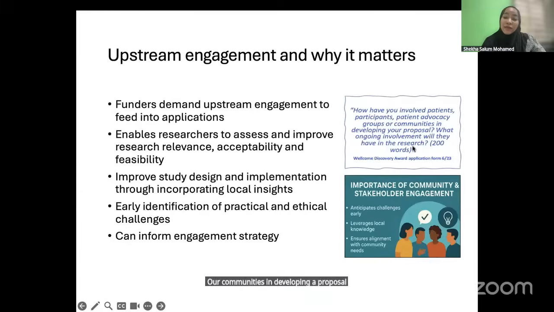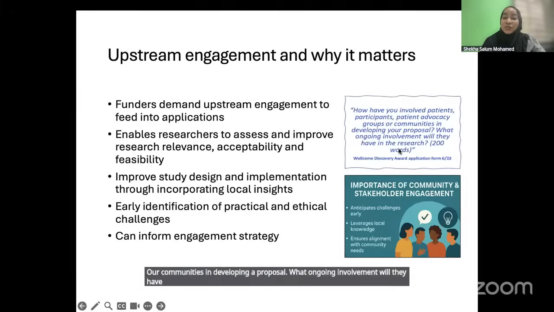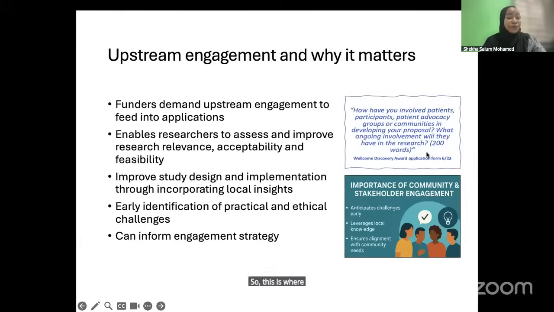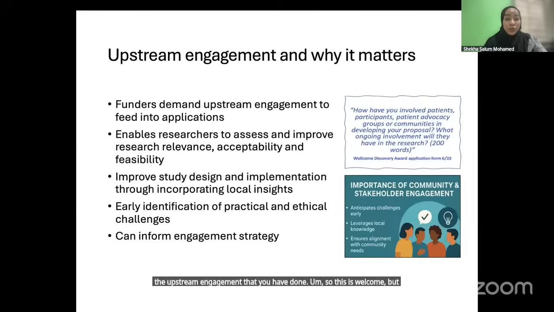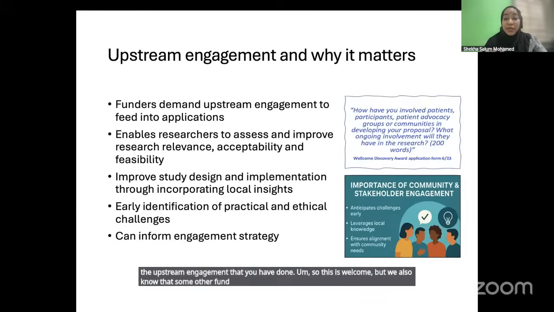What ongoing involvement will they have in the research? 200 words. So this is where you have to explain to the funder the upstream engagement that you have done. This is Wellcome, but we also know that some other funders have similar sections.